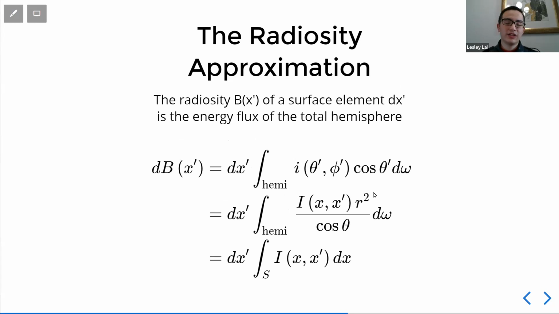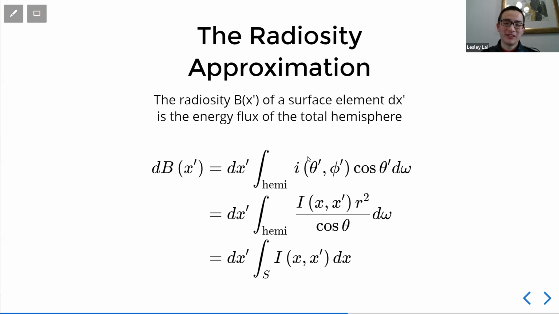The radiosity of a surface element at our intersection point is just the energy flux of the total hemisphere. Unfortunately, this derivation uses a bunch of terms from slides I decided to delete.